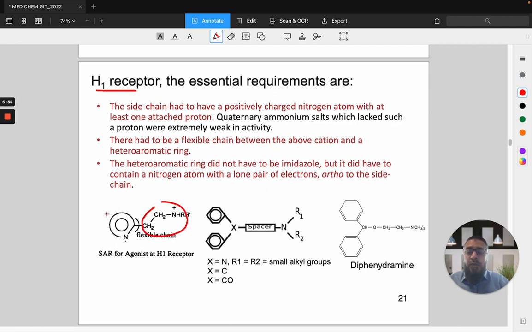So for a molecule to bind with the H1 histamine receptor, there is no such requirement for the imidazole ring, but it should contain one nitrogen atom with a lone pair of electrons ortho to the side chain. So this is the basic requirement for a molecule to bind with the H1 receptor.